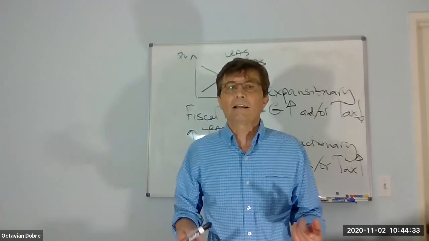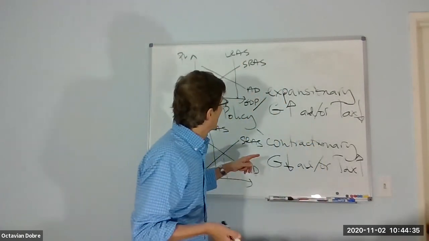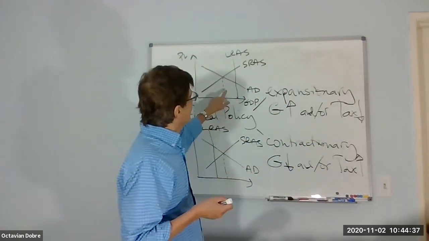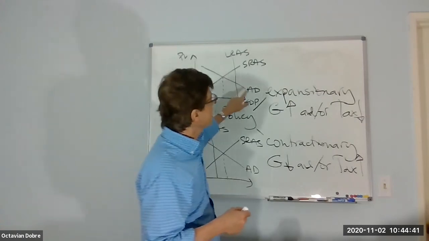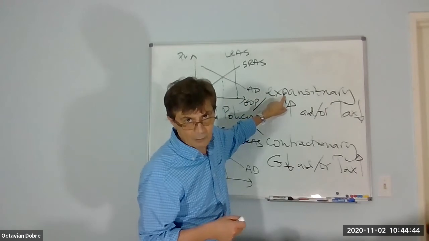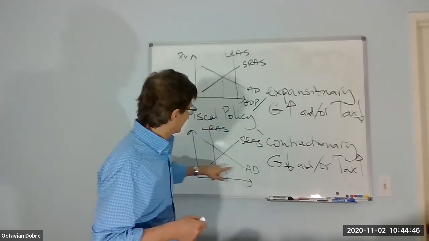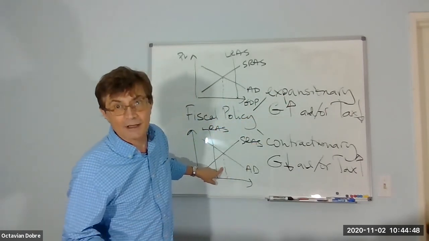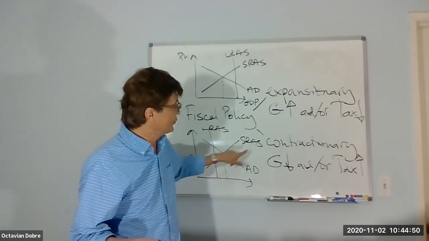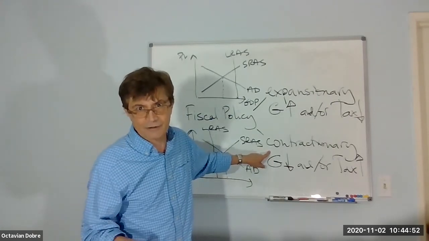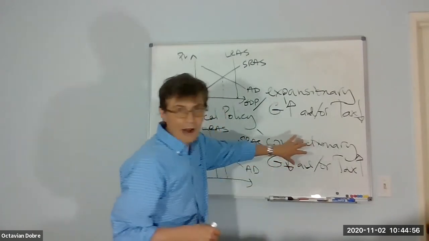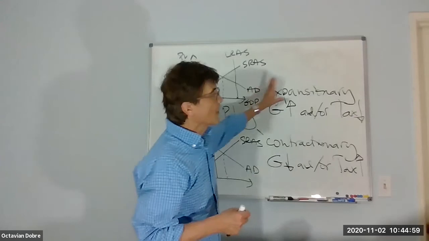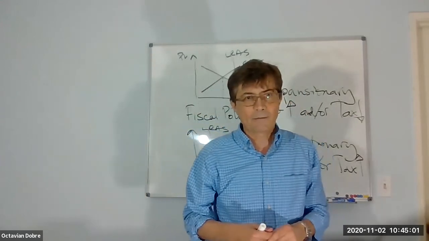So notice that to get rid of this contractionary gap, we need an expansionary fiscal policy. To get rid of this expansionary gap, we pursue a contractionary fiscal policy. Because here we want to contract the economy, here we want to expand the economy.